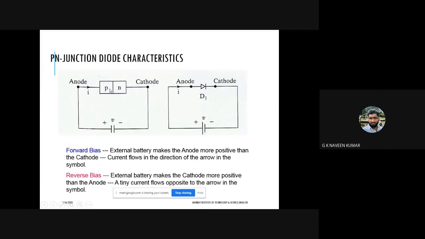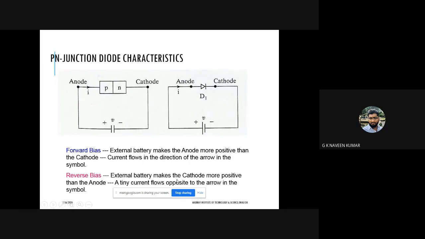To make this more positive, you connect an external source or a battery, and more ions will be injected here, and then your current starts flowing. You know the basic idea of how the PN junction diode works.